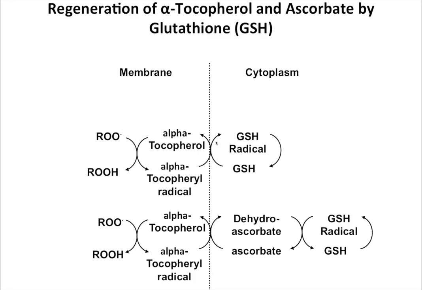So you can have glutathione interact right at the membrane, at the interface of the membrane with the cytoplasm. Basically, it could regenerate alpha tocopherol, but then you end up forming the glutathione radical that's shown here.